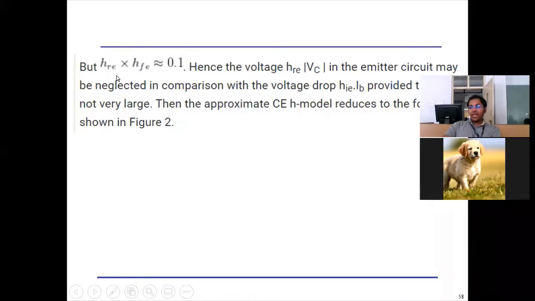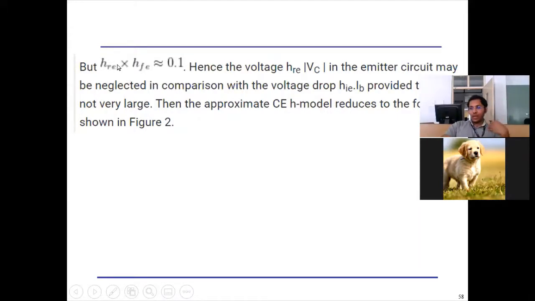Reverse voltage gain multiplied by forward current gain, for a common emitter amplifier circuit, is a small value. HFE is in the order of 50 or 100, and the gain is in the order of, say, 500, right?